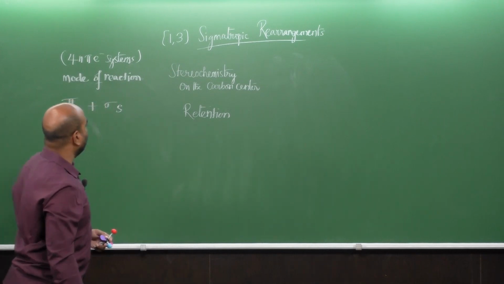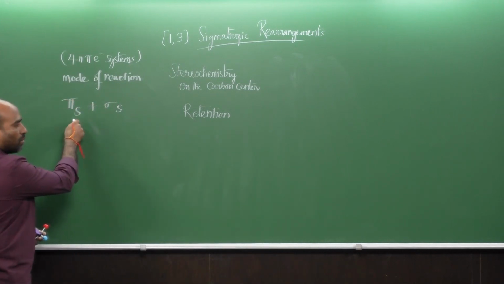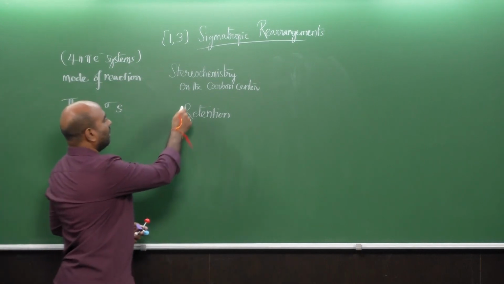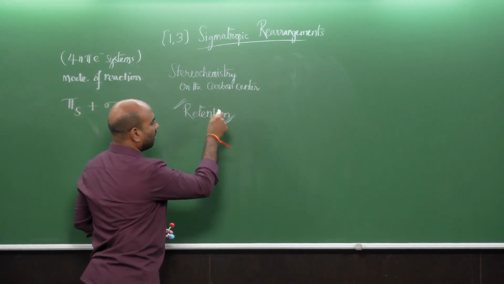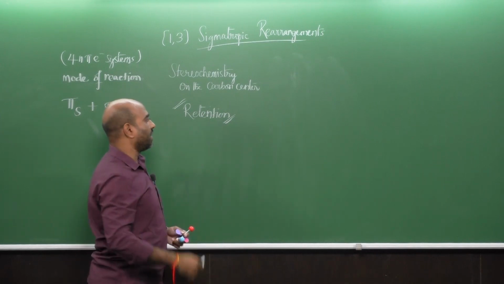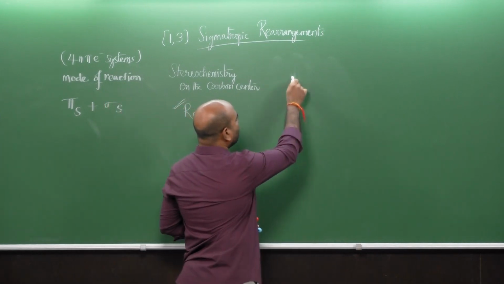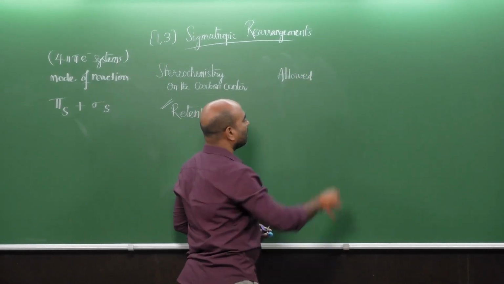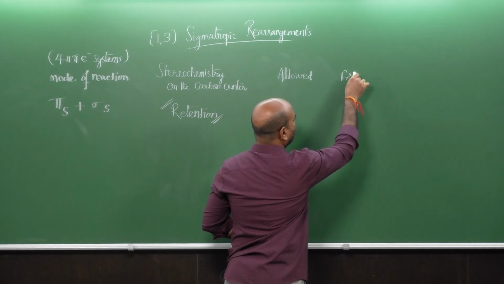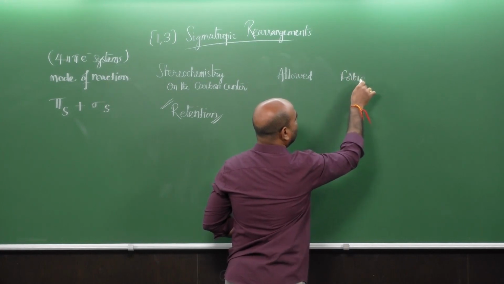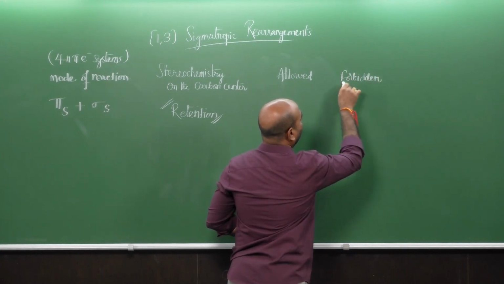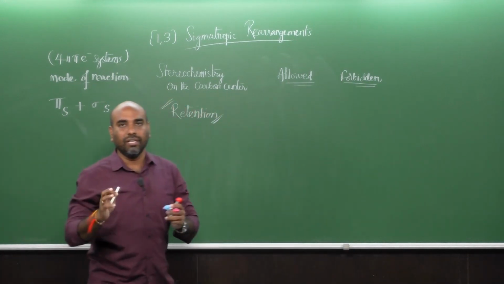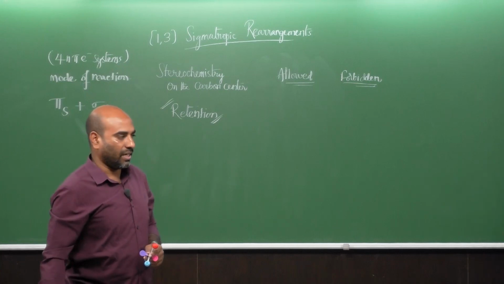Now let us see when the pi partner is a suprafacial partner and the sigma partner is also a suprafacial partner, and the condition is that the carbon center has to retain its configuration. You have to see where it is allowed, whether in thermal or photochemical conditions, and also where it is forbidden, whether under the thermal condition or the photochemical condition.